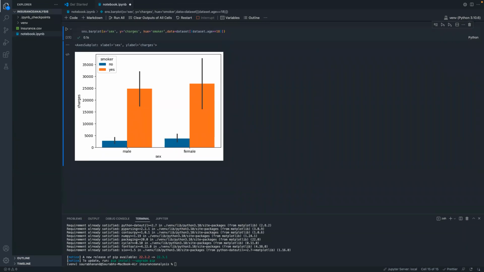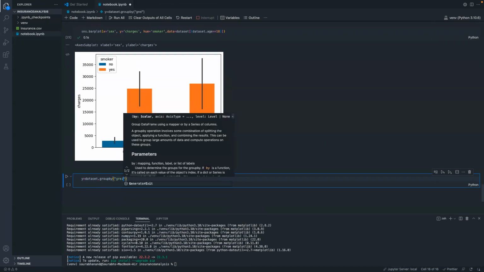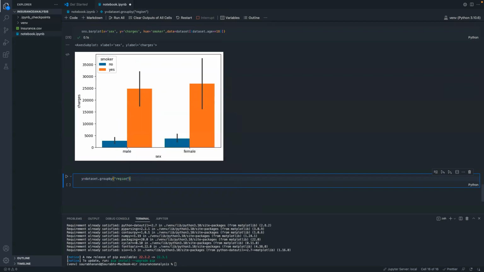So yes, now I would like to check something for region. Which region bears the highest charges? So for that, I'm going to do data set dot groupby, and then I'm going to group by region here. And then I'm going to get the charges, and then I'm going to get the max.